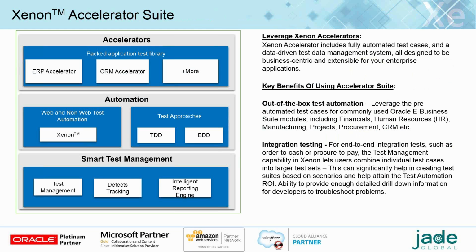The other feature that we have built over the last few years is accelerator suites around ERP and CRM suites. These are typically common applications that we see every enterprise using. You use a typical ERP, Oracle EBS or SAP or SFDC. We've created 100+ test cases for each of these applications that are already pre-built within Xenon that you can use.